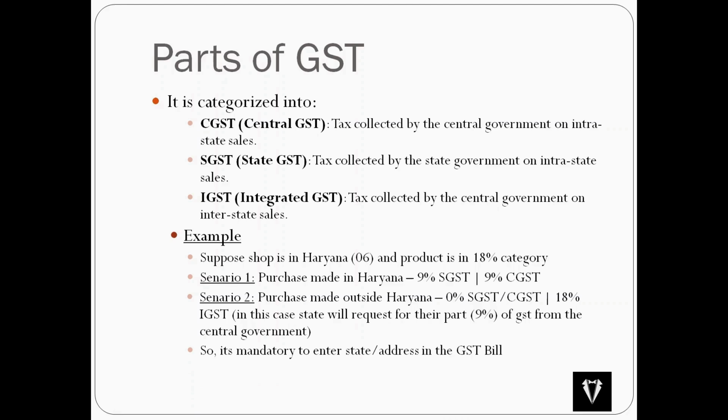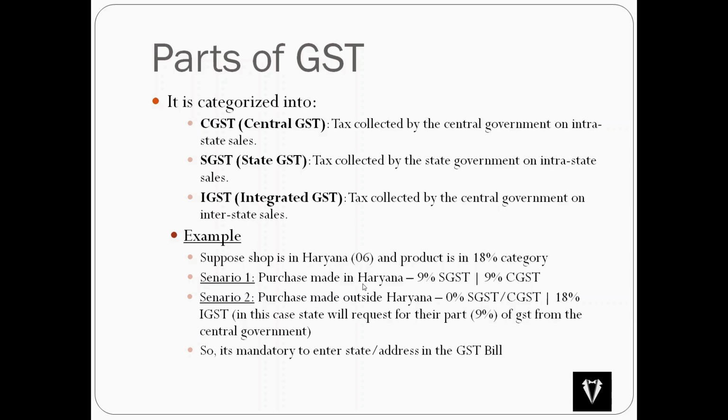And one more major thing here: agriculture has no tax, so it's tax free. While preparing a GST bill, it's mandatory to enter the state or the complete address of the buyer, so that it can be understood which state code, let's say Haryana 06, this bill belongs to.